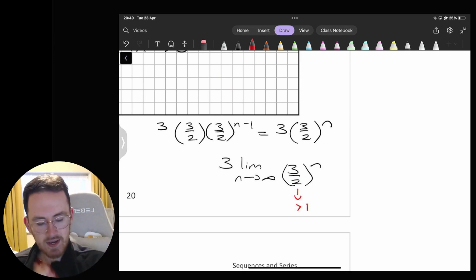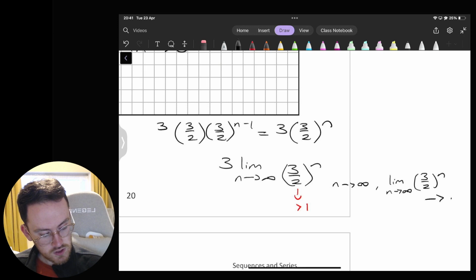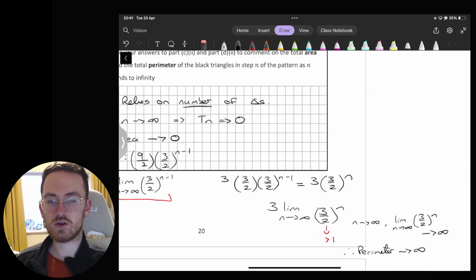It's going to keep getting bigger and bigger and bigger. So as n goes towards infinity, so too will this limit. The limit as n goes to infinity of 3 over 2 to the power of n is also going to go towards infinity. So therefore we can say the perimeter goes towards infinity, where the area goes towards 0.